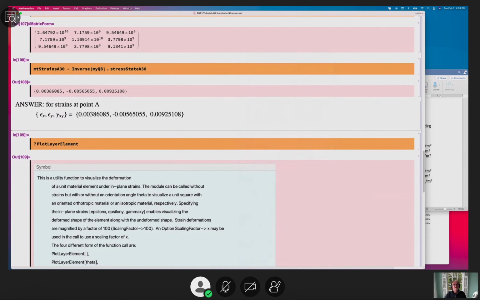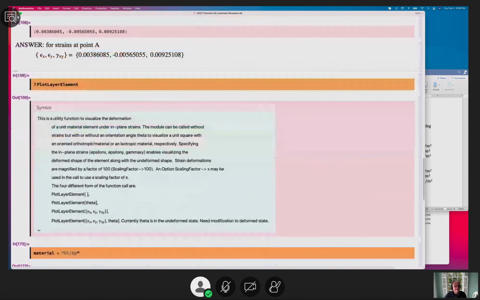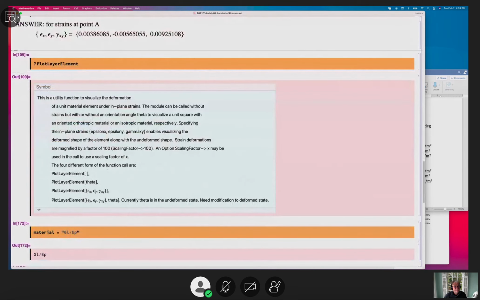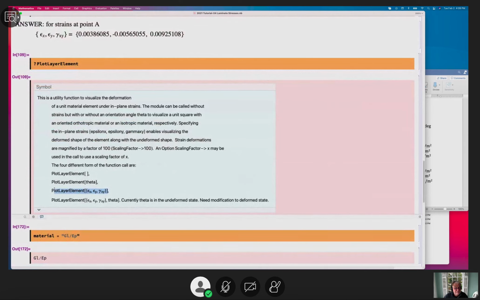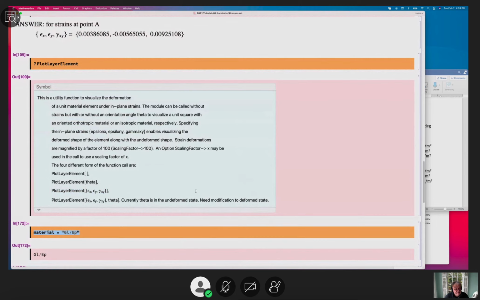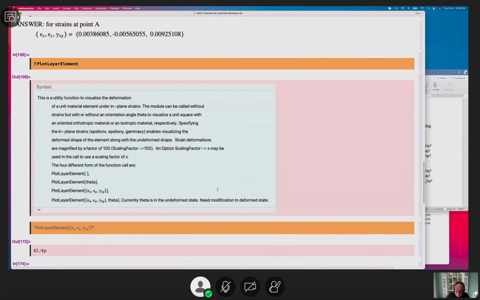So those are the palettes from the help. So plot, I was going to use this version of it. So I'm going to copy this from here to here, but it has those unwanted quotation marks. Plot layer elements.